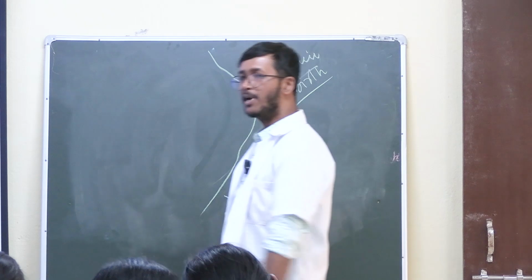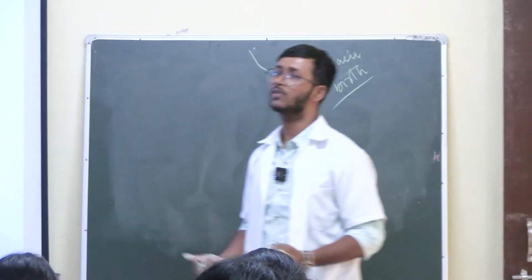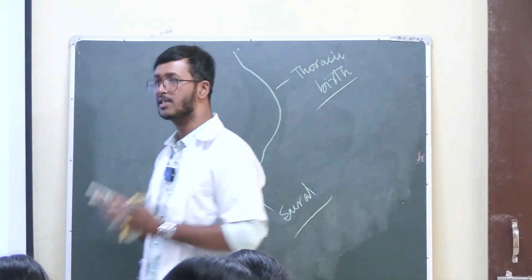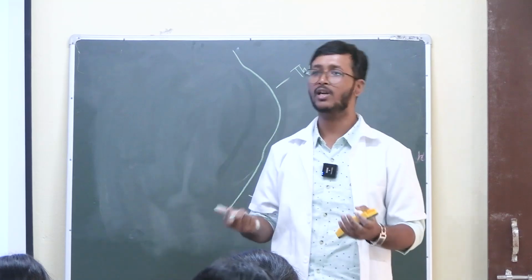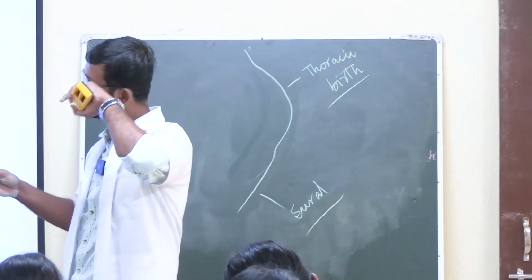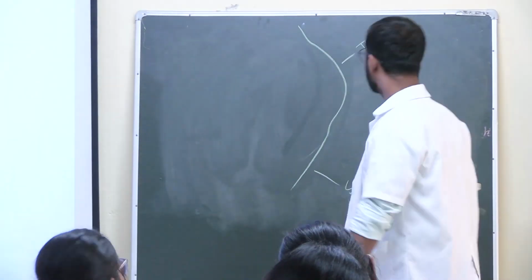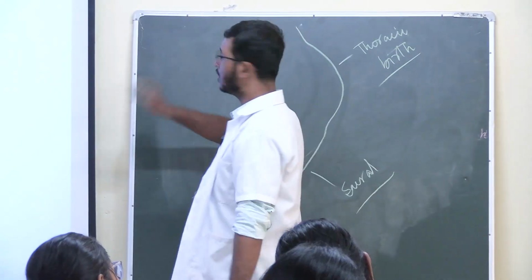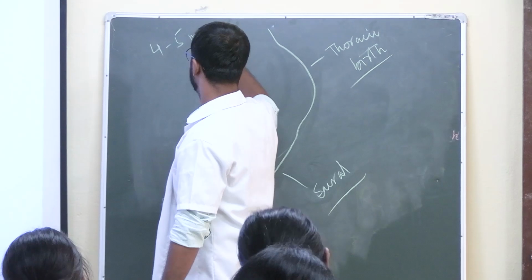Then in pediatrics you will study developmental milestones. A child first starts smiling at a certain age, then starts to call mother, father, and parents at a certain age, then starts standing at a certain age, and holds the neck at a certain age. Basically a baby holds its neck at 4 to 5 months of age.